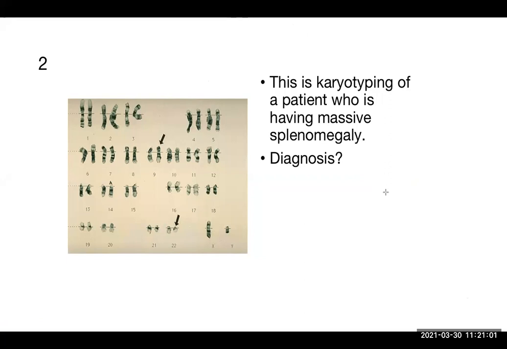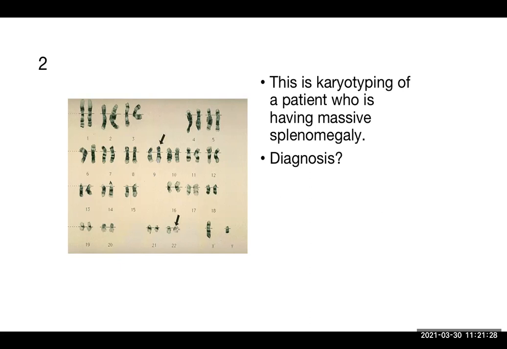So this is translocation between chromosome number 9, which you can see here by the arrow, and chromosome number 22. So 9 and 22 translocation. This is the Philadelphia chromosome. It is also known as BCR-ABL fusion, another term for Philadelphia chromosome.